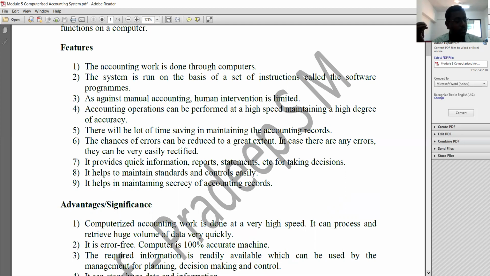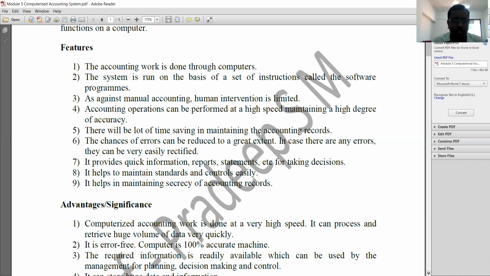Further, they may ask you to state any 3 or 4 accounting softwares that are used by accountants. So these are prominent 2 mark theory questions you may get on this topic. Understood? So let's see these features. They are important from the point of examination. It may come for 5 marks or for 2 marks.